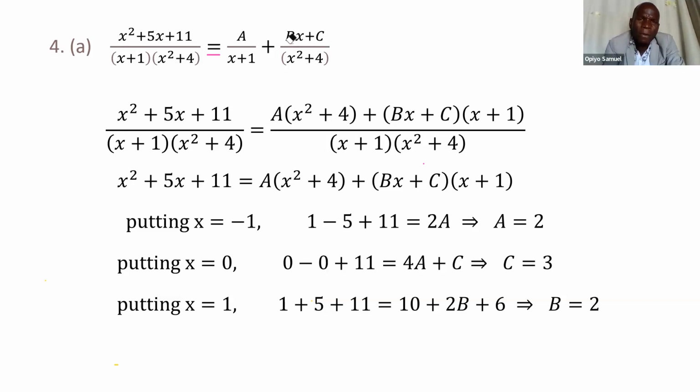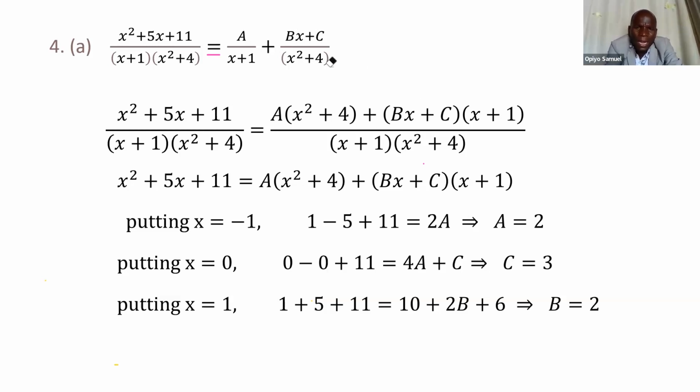That's why we have bx plus c. And here you need to put an equivalent sign first. So the fraction is equivalently written as a out of x plus 1 plus bx plus c out of x squared plus 4.